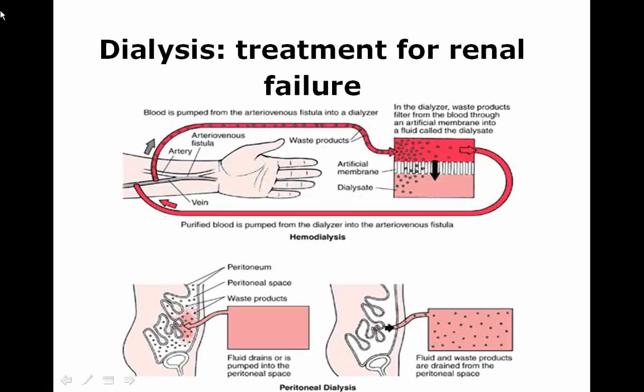I have a picture here on this next screen of a patient on a dialysis machine. They have to have some type of catheter inserted in a vessel, and the blood comes from the person. The blood's pumped into the dialysis machine, filtered and cleansed, so to say, and then the cleansed blood is pumped back into the person's system.